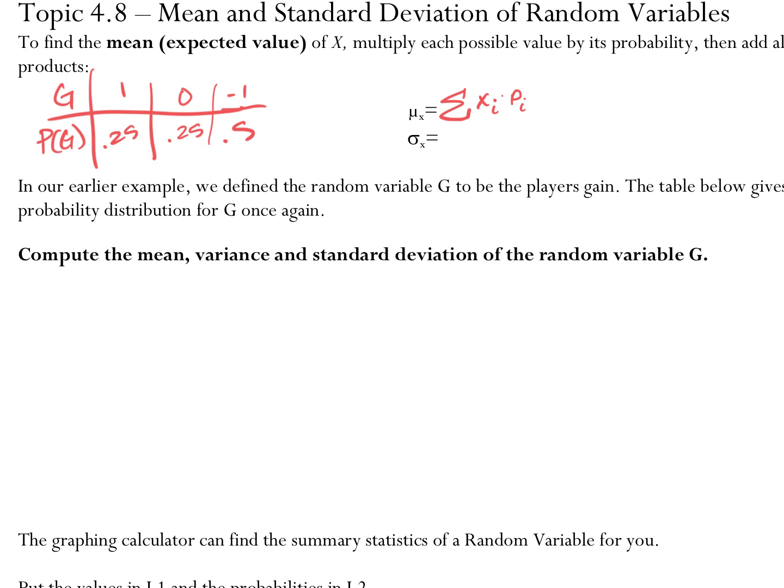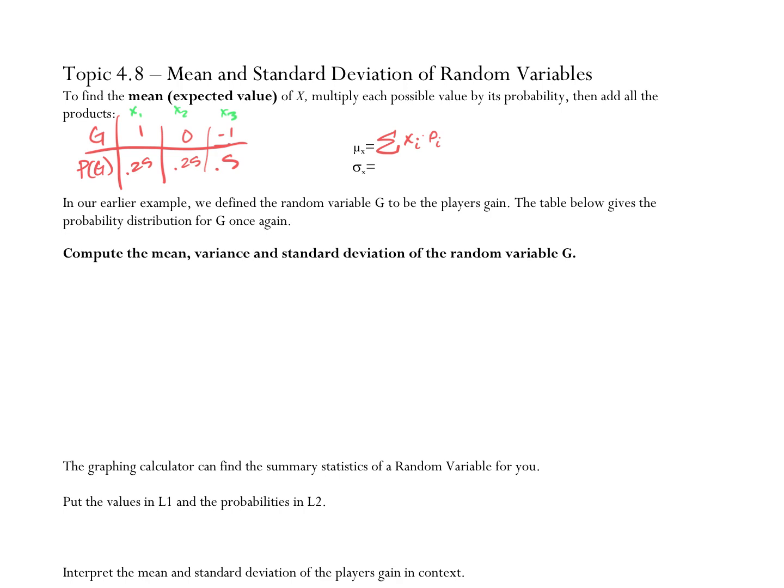Here's what I mean by this. And I think this will make sense when we do it. If I consider my outcomes, outcome 1, outcome 2, outcome 3, and those are my 3 possible outcomes, using this formula I take the outcome times its probability, plus the outcome times its probability, plus the other outcome times its probability.